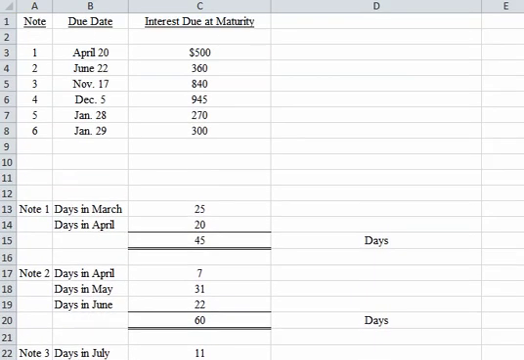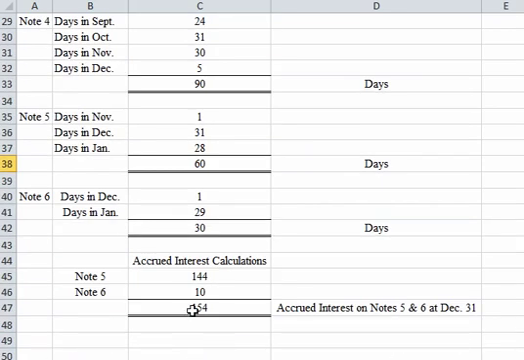So $154 is the amount of interest earned on notes 5 and 6 by December 31st.